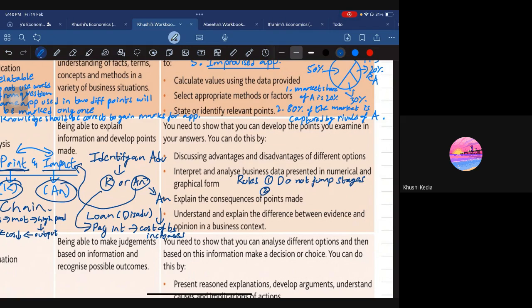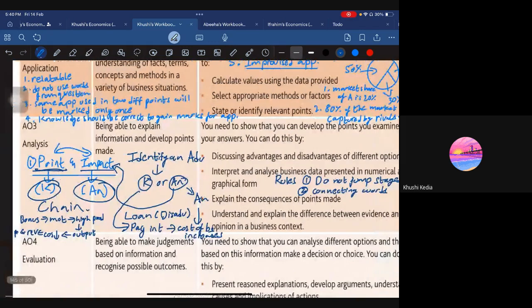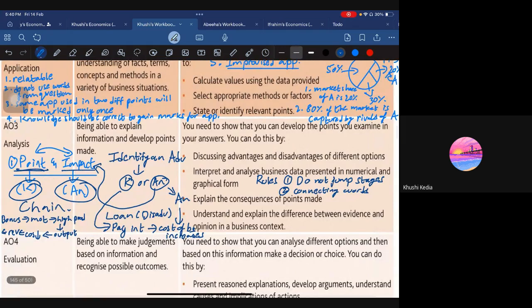The second thing, very important, is that when you're writing your analysis, you should use connecting words to build upon it. Hence, therefore, moreover, furthermore, all those words. So this is about the analysis part.